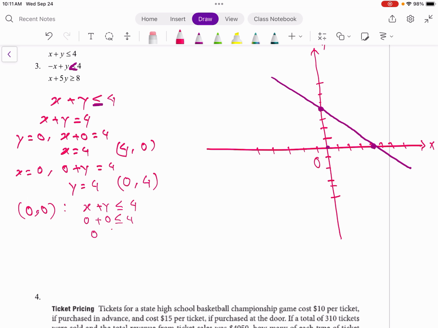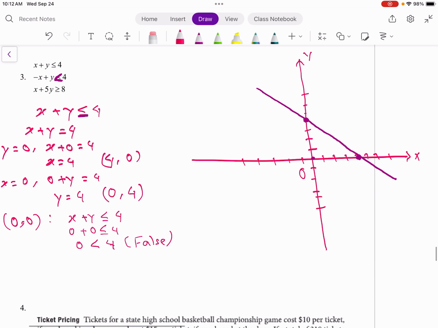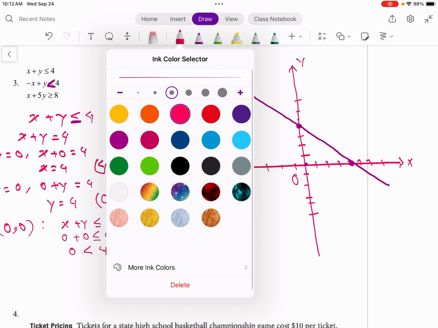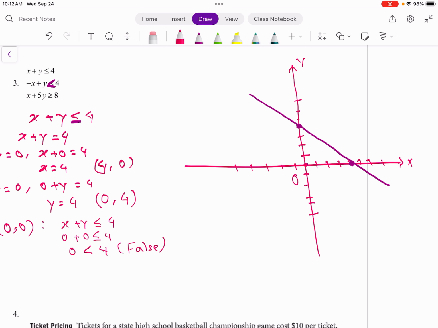Then we have 0 is less than or equal to 4. Is it true or false? This is false, right? Now what does it mean? Where is our solution? The solution is away from the origin. Our testing point is here, and it is not a solution, so every point away from the origin is. So every point above the line is a solution for this inequality.